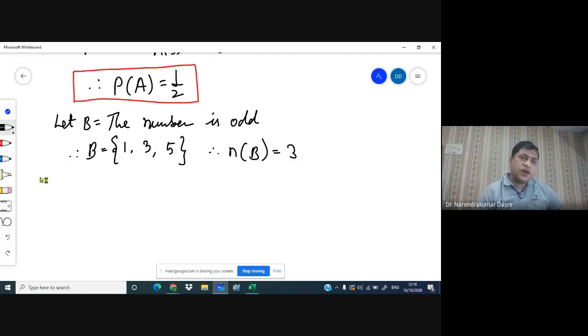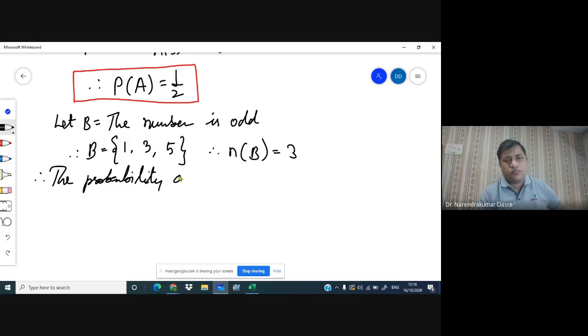Once you have the number of observations in B, we are able to write the probability of getting an odd number.